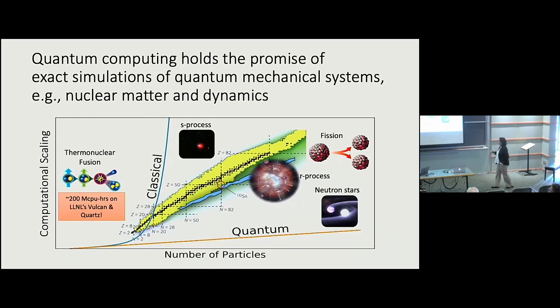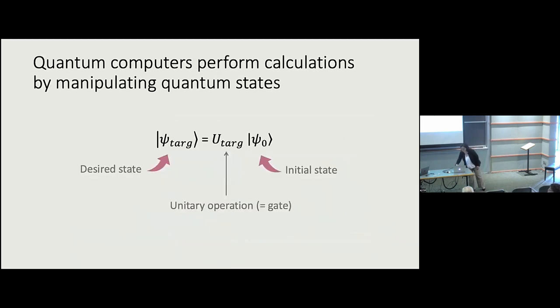But an alternative is that quantum computing could actually allow us to describe all these processes, because due to the superposition and entanglement properties of qubits, this type of calculation should scale linearly, or at least polynomially, with the number of qubits. So that's an exciting prospect that we would like to consider.